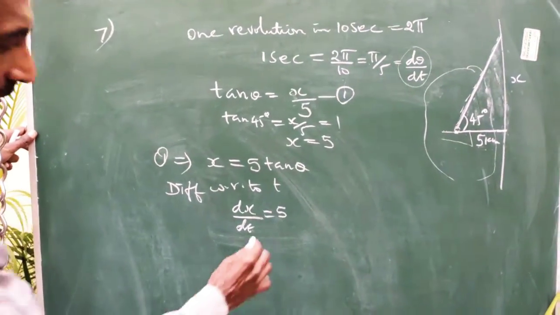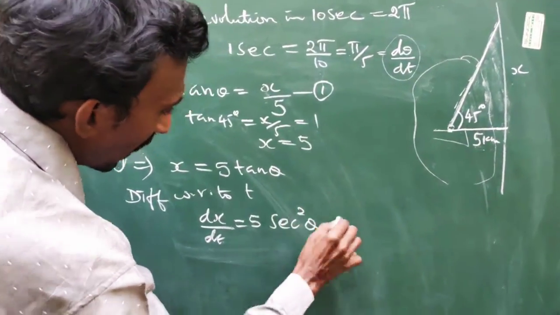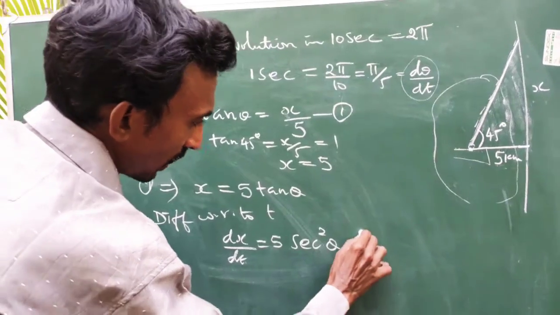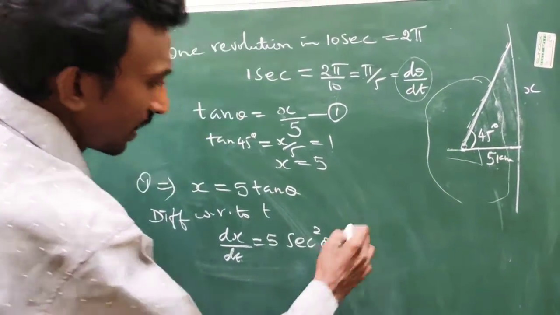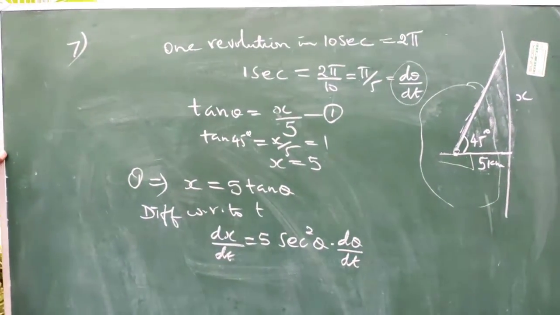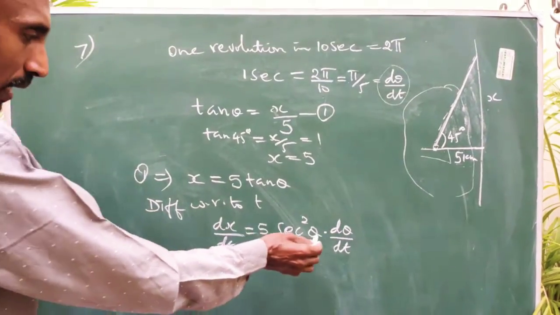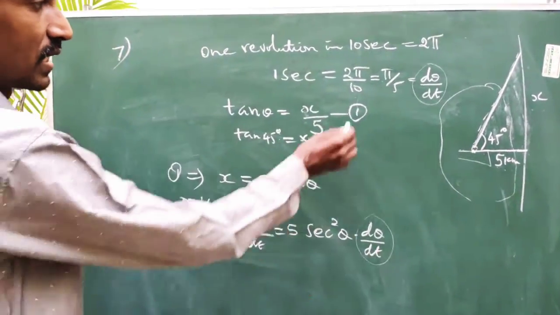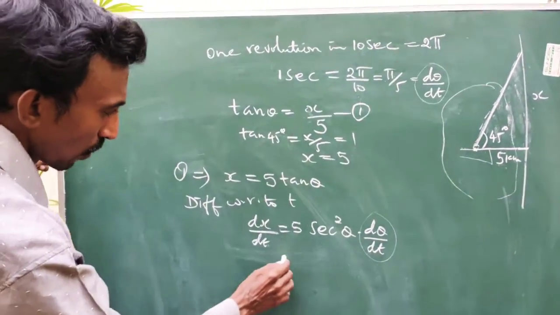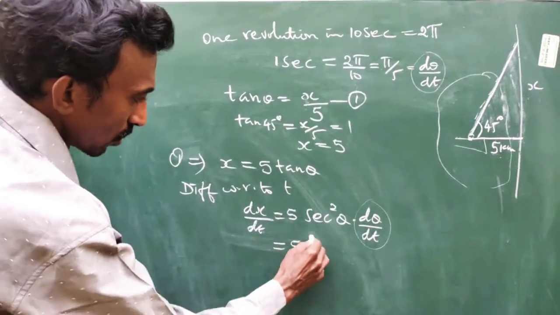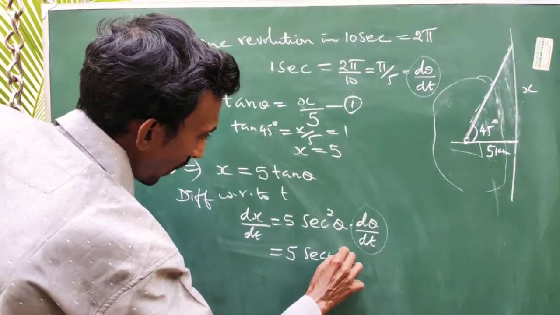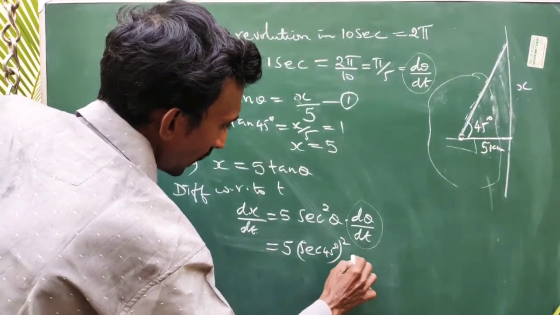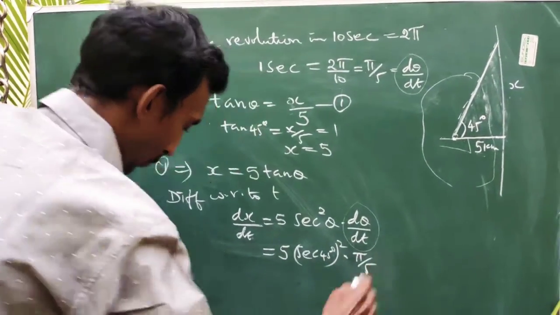Differentiation of tan theta is secant square theta, and differentiation of theta is d theta by dt. So with respect to t, we know that theta is 45 degrees, and we already found d theta by dt, pi by 5. So put the values here. Secant 45 the whole square into pi by 5.